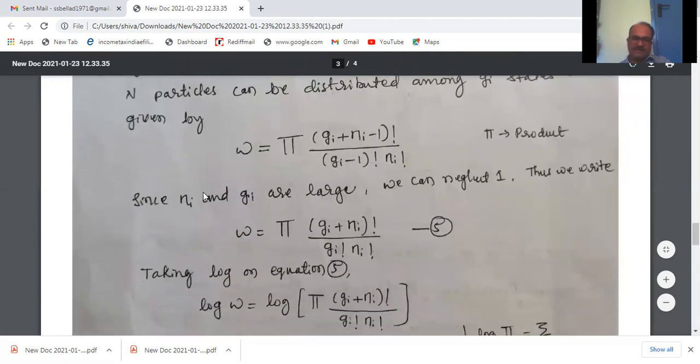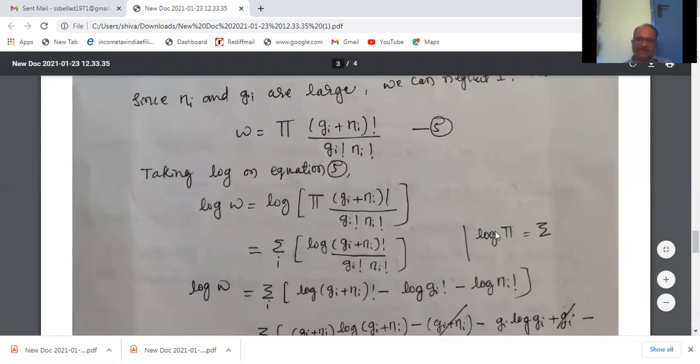Since ni and gi are large, we can neglect 1 in the above equation. Thus we write omega equal to the product over i of (gi plus ni) factorial divided by gi factorial and ni factorial.